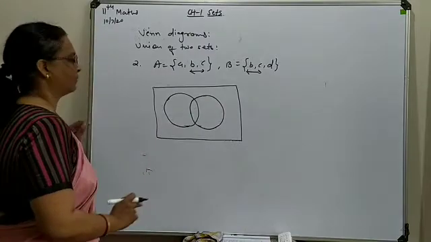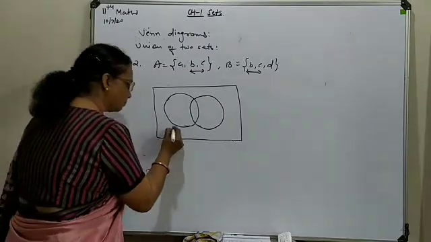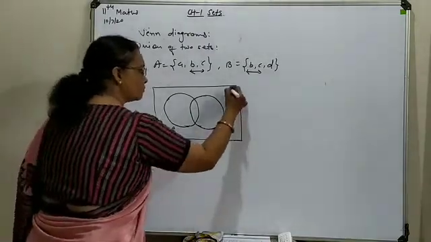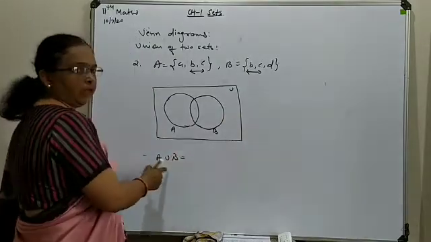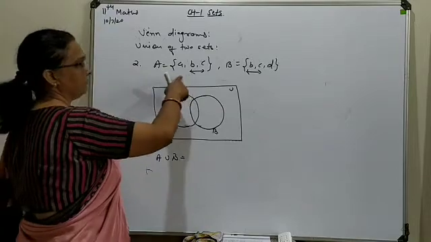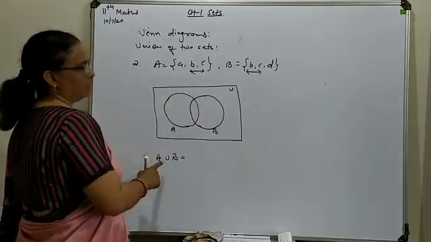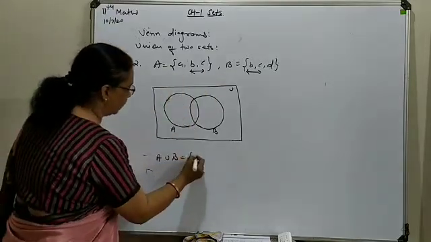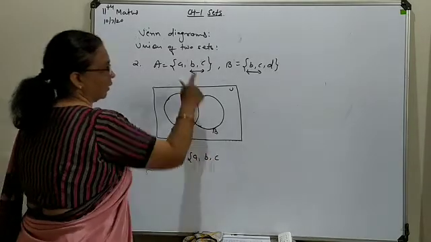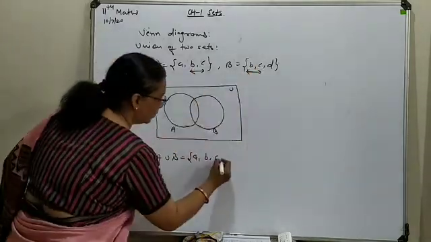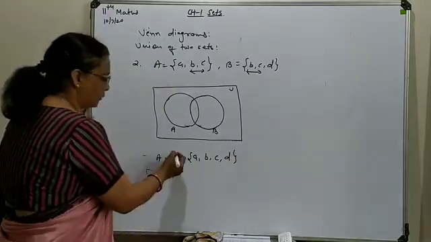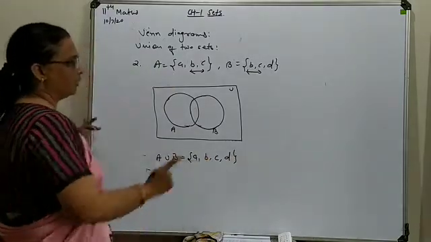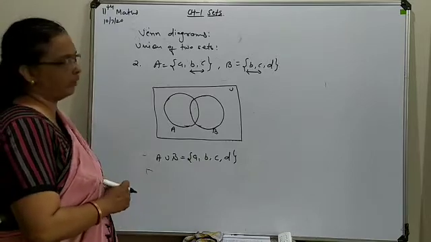First of all, in A union B, what are the elements you will have here? A, B, C and the last one, D, you will write once only. So this way, these four elements are to be represented as a union form.